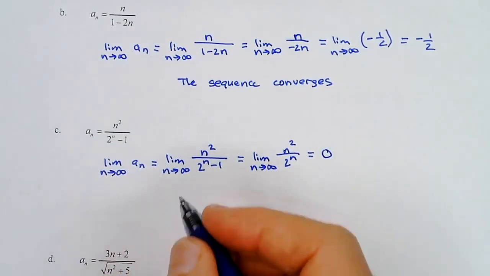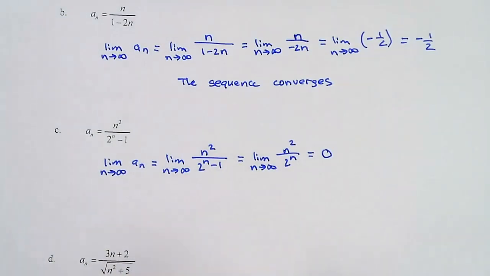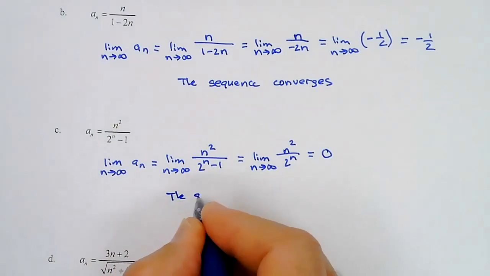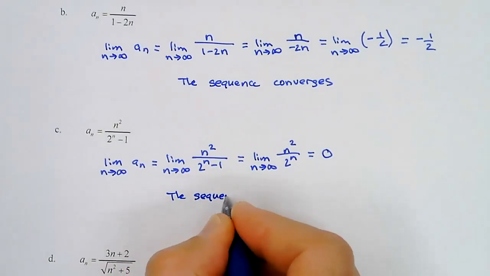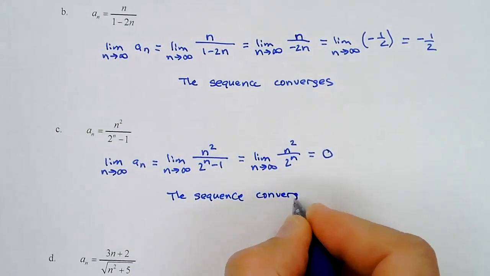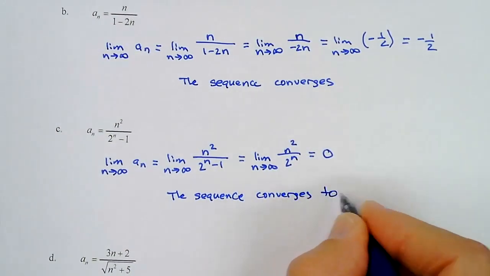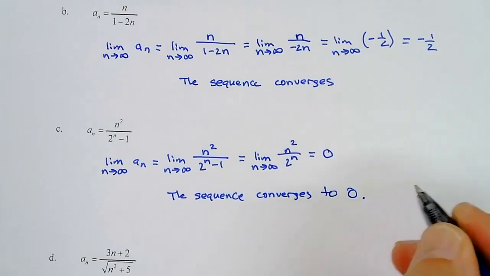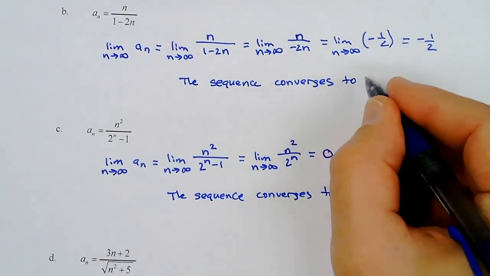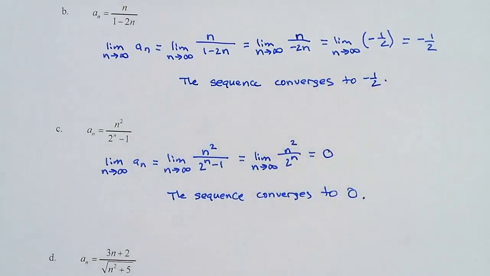And so we say the sequence converges to 0. Okay, and I should have said up here, for the previous one, the sequence converges to negative 1/2. And that's what we would say.